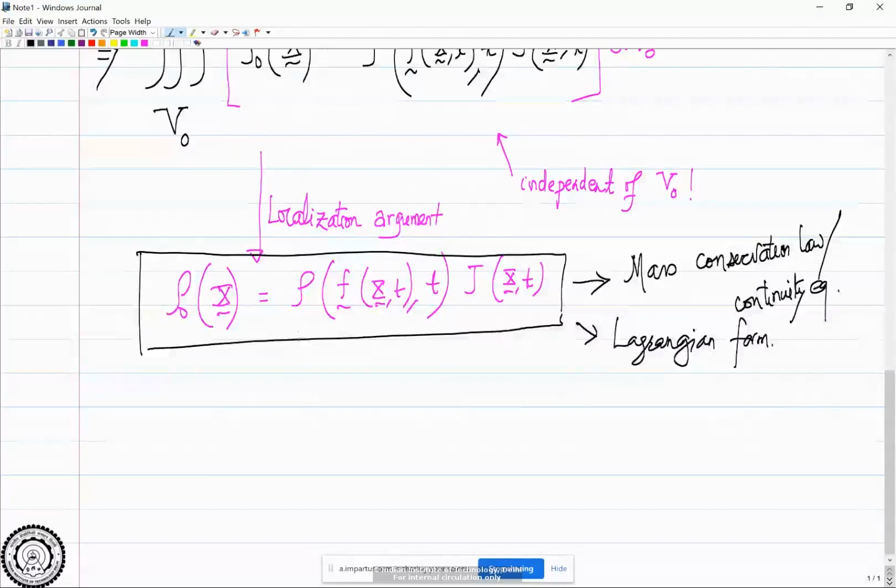Okay. People get confused with this localization argument and they just think, how is this happening? So if you are also confused, then I can give some explanation.